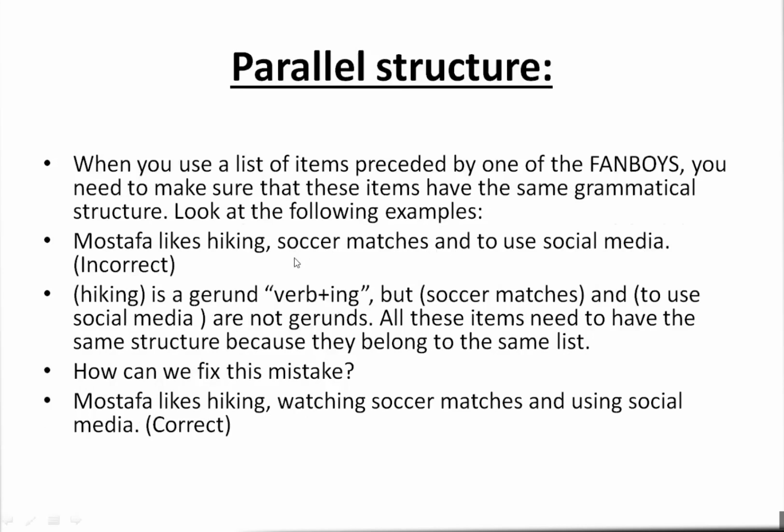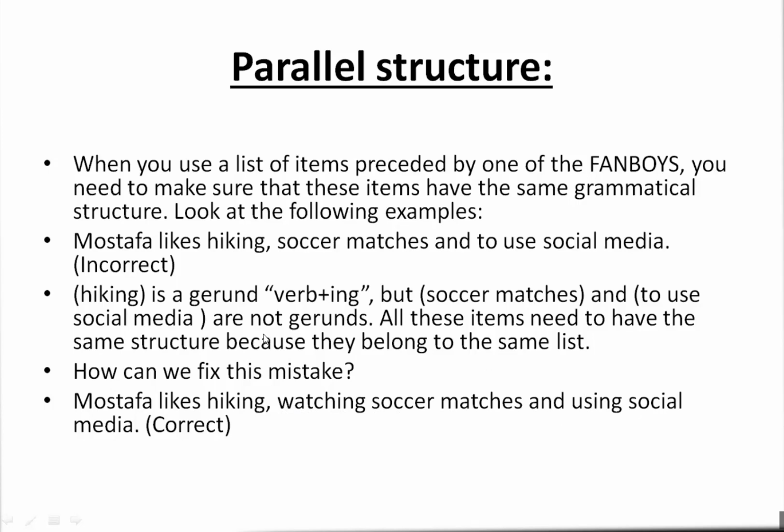So what should you do? You need to make sure that all of them have the same grammatical structure. Maybe you can say: Mustafa likes hiking, watching soccer matches, and using social media. We put a gerund here. Now it's perfect. Hiking, watching, using. No mistakes.